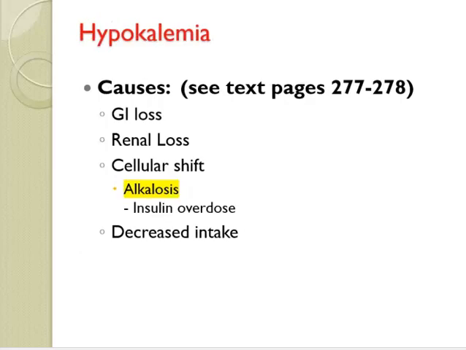A patient can be suffering from hypokalemia, which is decreased potassium. Some causes might be GI loss, renal loss, a cellular shift like alkalosis or insulin overdose, or just overall decreased intake of potassium.